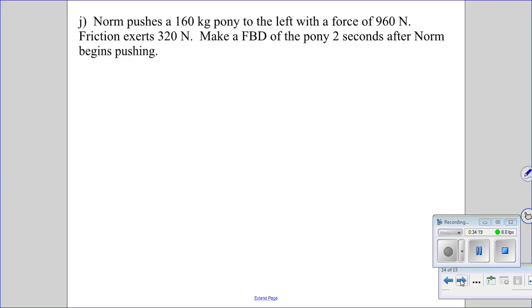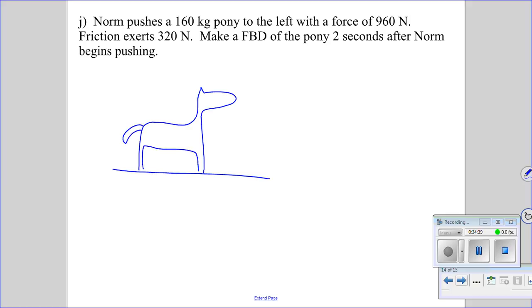All right, Norm pushes a 160 kilogram pony to the left with a force of 960 newtons. Friction exerts 320 newtons. Make a free body diagram of the pony 2 seconds after Norm begins pushing. So, ground, pony. 160 kilograms of pony.